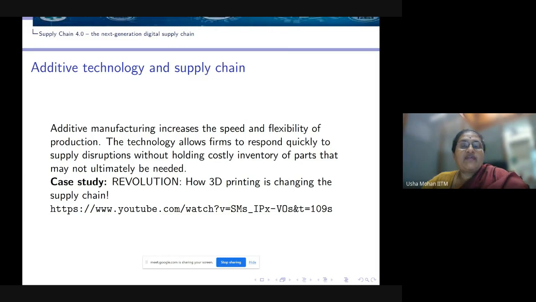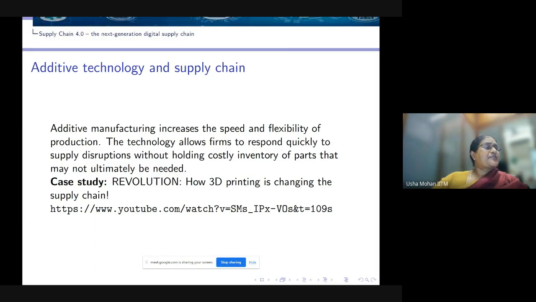If you have 3D printing and additive manufacturing technology, then you don't have to keep this stock of these products. 3D printing is actually changing the entire supply chain, especially when you have to manufacture these small spare parts.